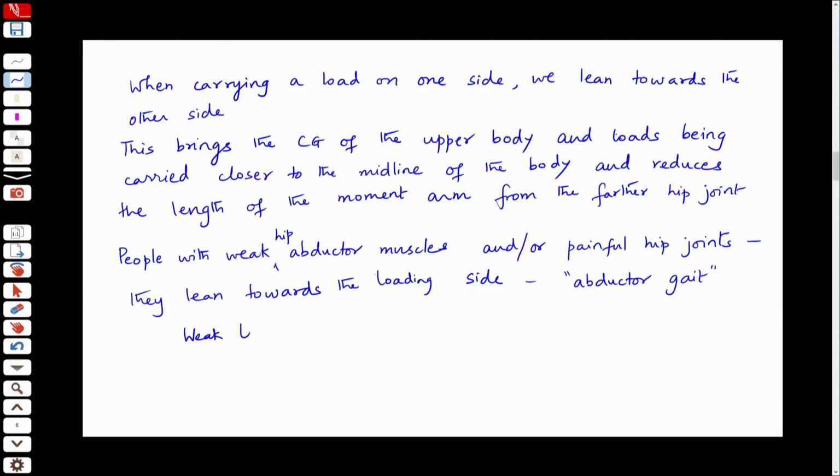So, weak left side, lean towards right during right single stance and vice versa. Okay. So, if I have weak on both sides, then I lean to the right, then when I am loading the left I lean towards the left.